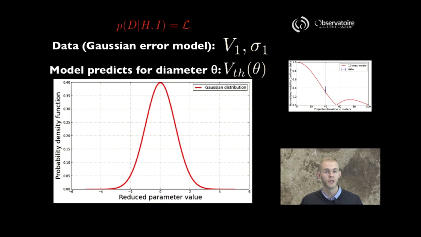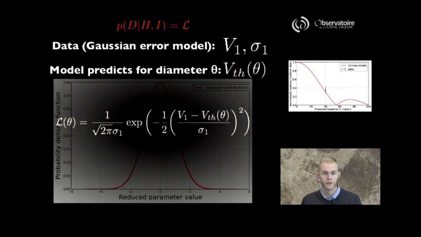And so because we have Gaussian errors, this is typically what a normalized Gaussian distribution looks like. The wider it is, the larger the standard deviation is. And this is the equation that would be used to quantify the likelihood function for that given data point. And so we simply see that we have an exponential of minus a half of the quadratic difference between our measurement and the theoretical value.